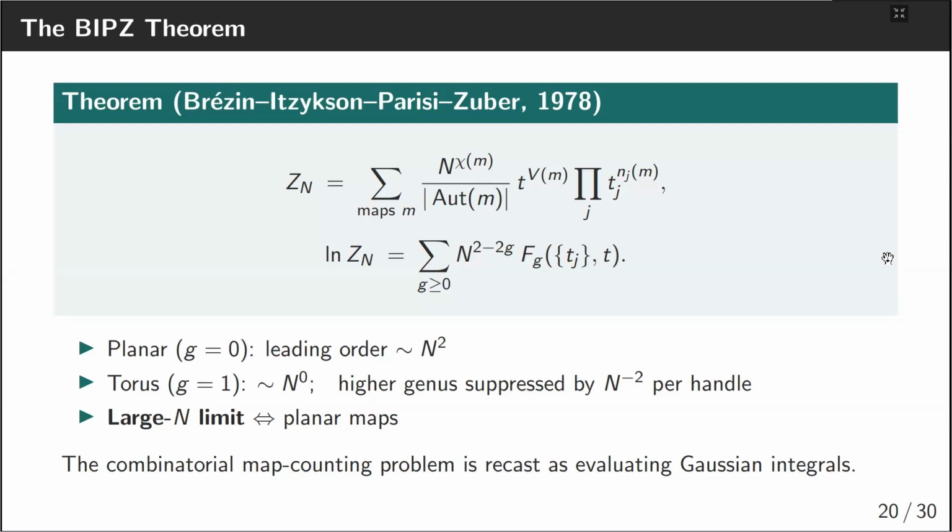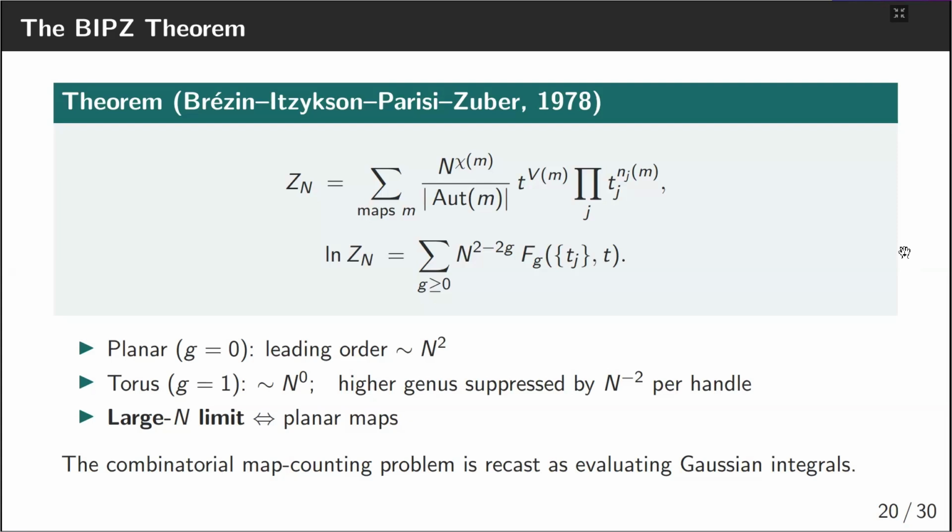So this theorem is about map counting, and it encompasses higher genera. The sum of all the maps is computed in a product formula.